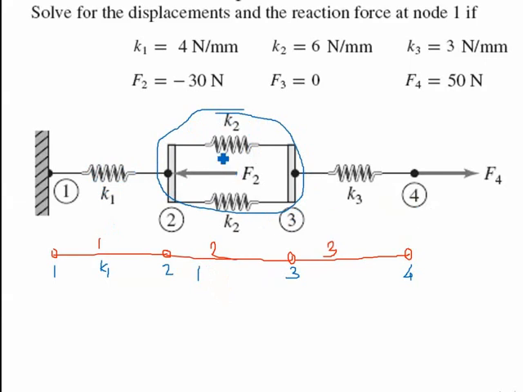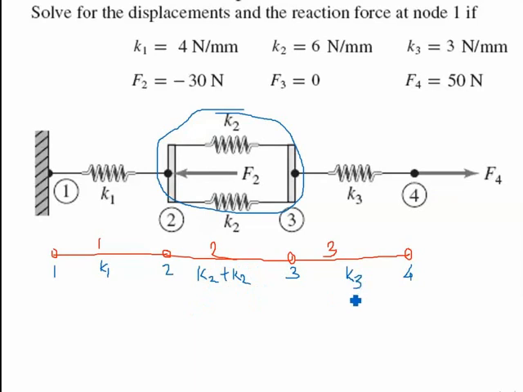For the second element it is K2 plus K2, the addition of the stiffnesses of these two springs, which is the total stiffness of the second element. Am I right? Now for the third element you have stiffness K3.